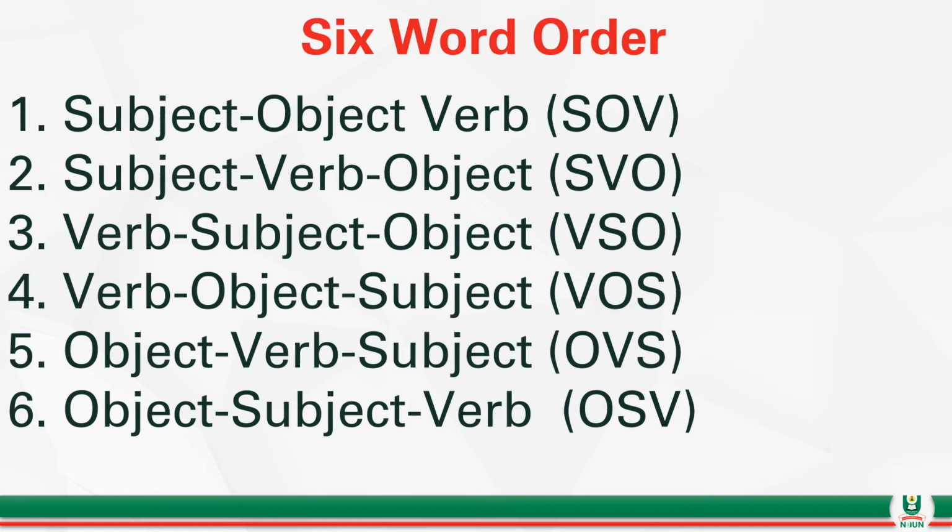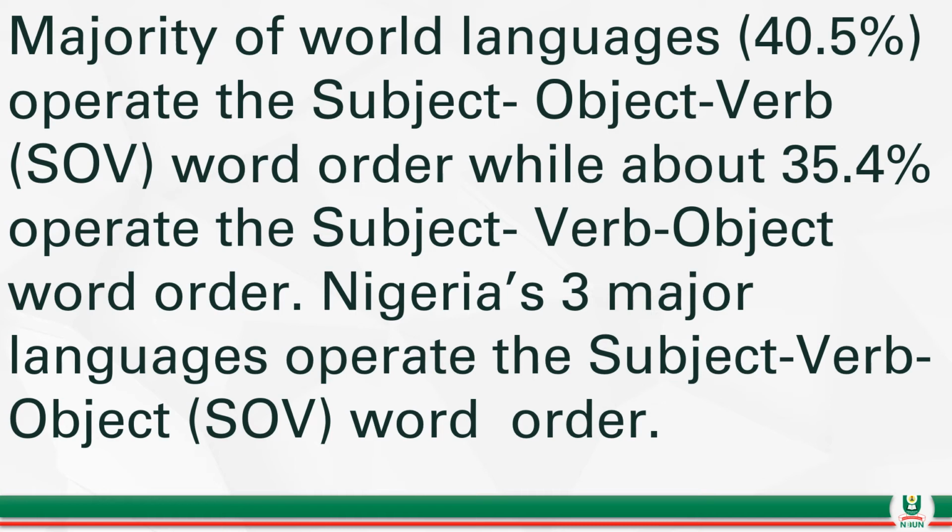These 6 word orders are subject, object, verb; subject, verb, object; verb, subject, object; verb, object, subject; object, verb, subject; and lastly, object, subject, verb.